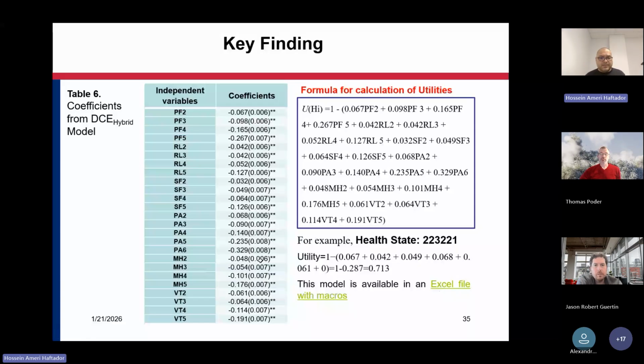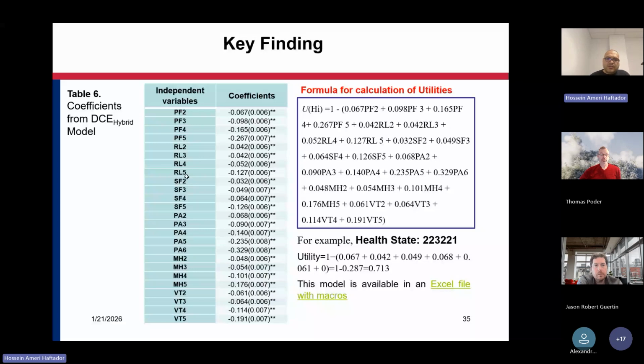If a participant answers, for example, 1, 3, 4, and 2 for pain, 1 for mental, and 4 or 5 for vitality, and we click here, we have this: the utility value for this health state.